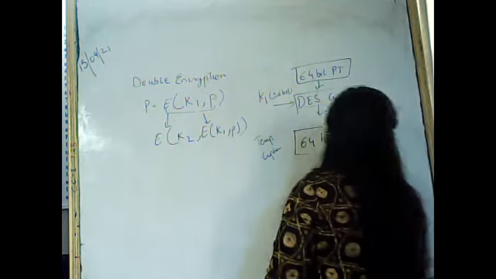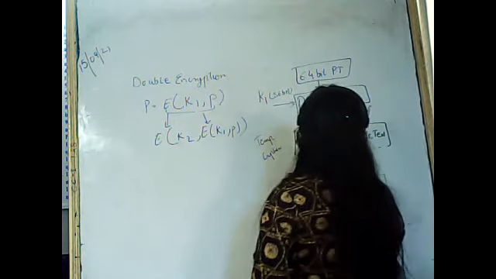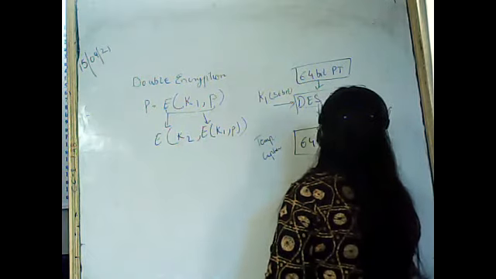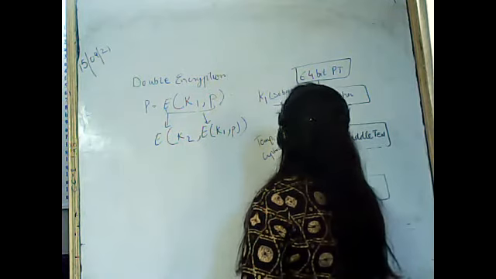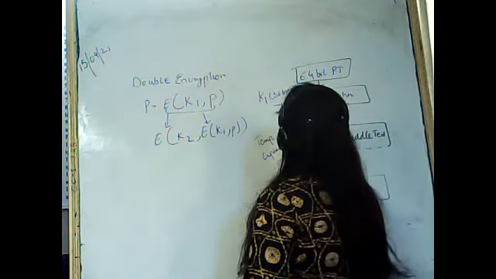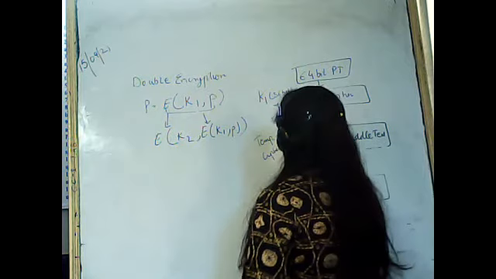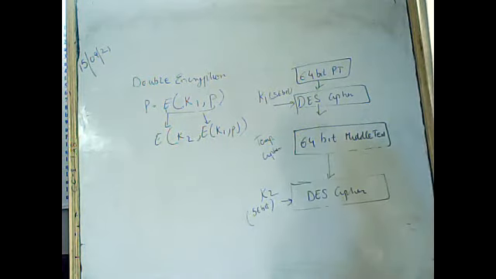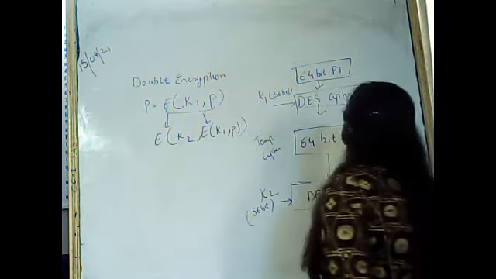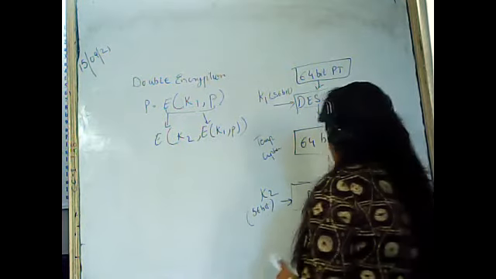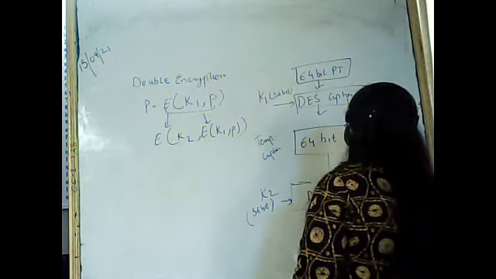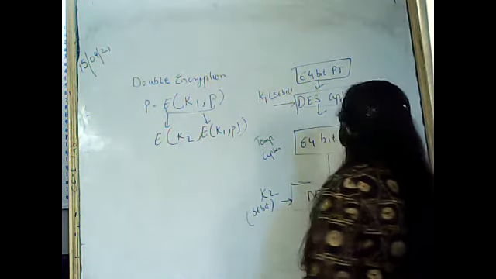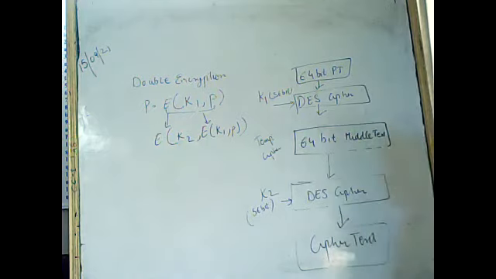Again we apply the DES cipher over here, and we use another key for that, K2, which is of size 56 bits. Finally we get a ciphertext over here. So this will be your final ciphertext. We can say that this is the encryption block diagram of double DES.